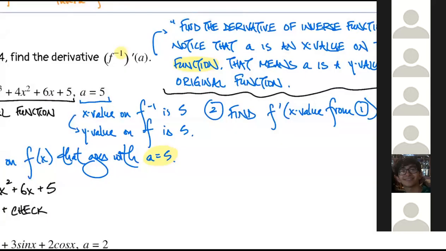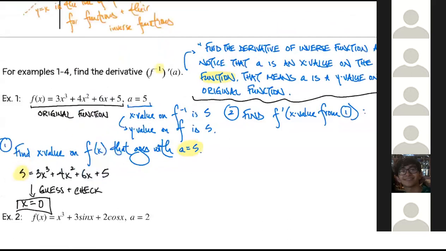There's no -1 here for that f prime, so it's asking you about the original. Okay, so let's take our original function and find the derivative. And so we get 3 times 3 is 9x squared plus 8x plus 6. So you're going to have to find out that x value from step 1.